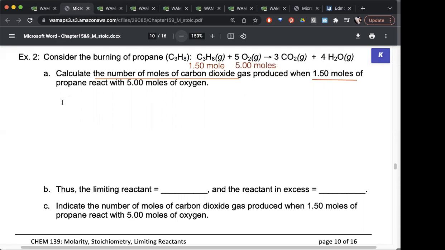Okay, so we'll set up 2 parallel calculations. And we're going to look for, calculate the number of moles. So here's what we're looking for. How many moles of CO2?